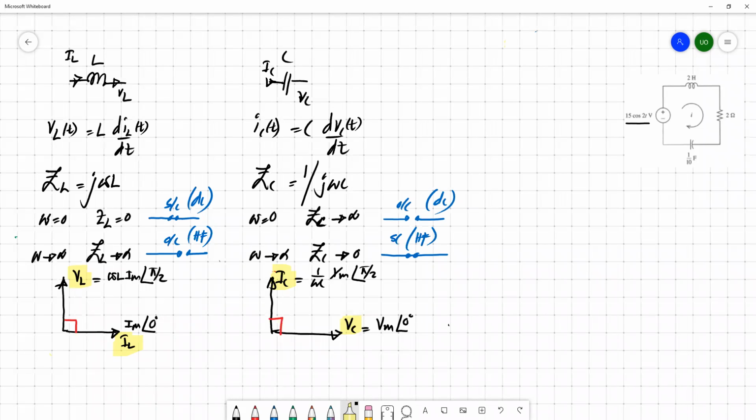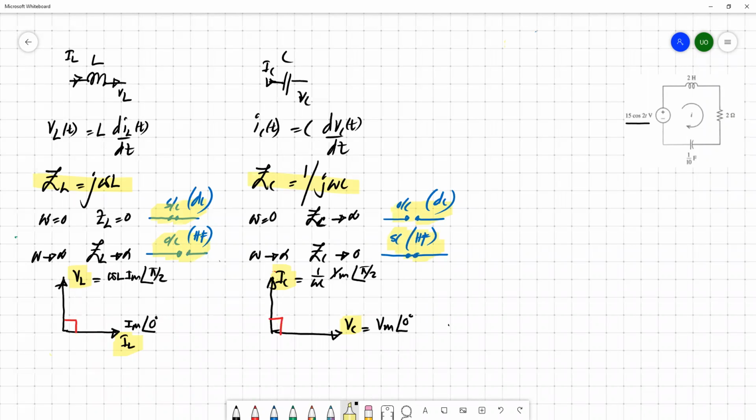So if you want to replace the entire circuit with impedances, you can use this formula to replace the inductor and this to replace the capacitors. If you are dealing with DC quantities, you can treat the inductor as a short circuit element and the capacitor as an open circuit element. If you are dealing with higher frequency signals, you can treat the inductors as open circuit elements and capacitors as short circuit elements.